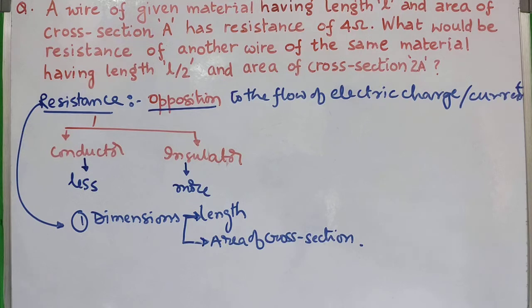In the last video I have clearly discussed which part of the conductor is length and which part of the conductor is cross section. I would suggest you to watch that video and then continue here.